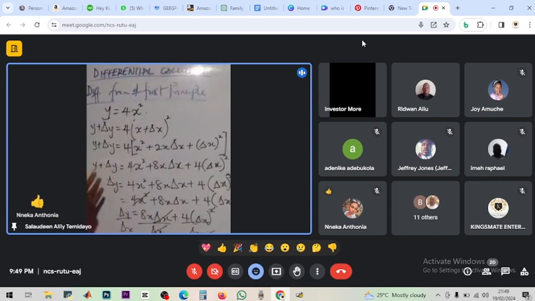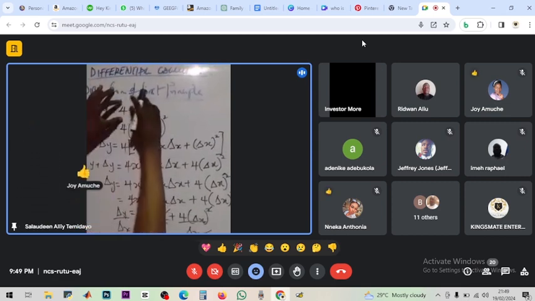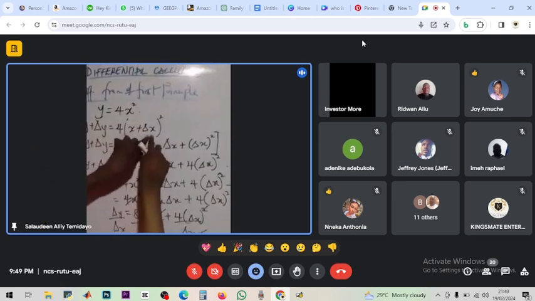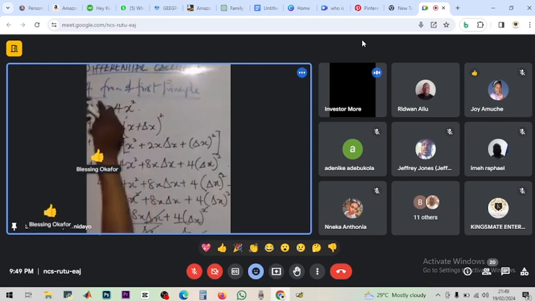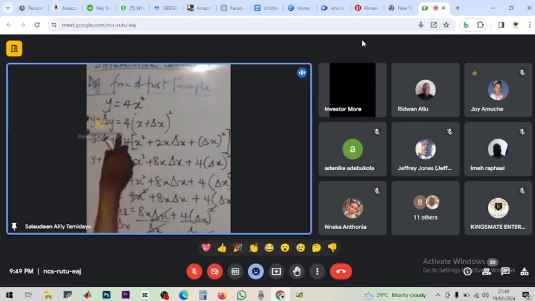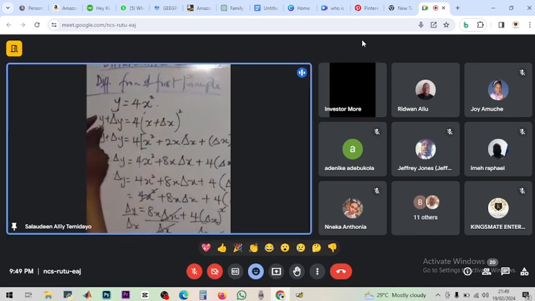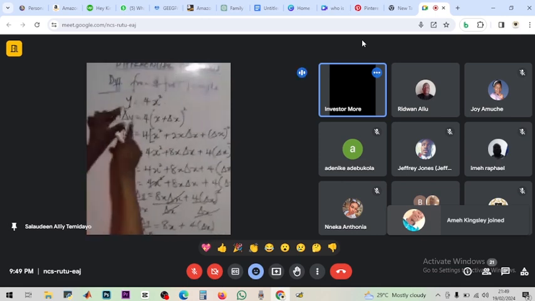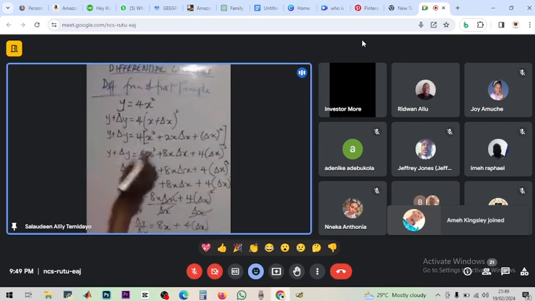Do not be carried away by anything. Your expression still stands the way it is, just that you are using x plus dx to represent this x. Instead of this y, I'm writing y plus dy, that means the y and the increment in y. This is what I didn't want to explain before.